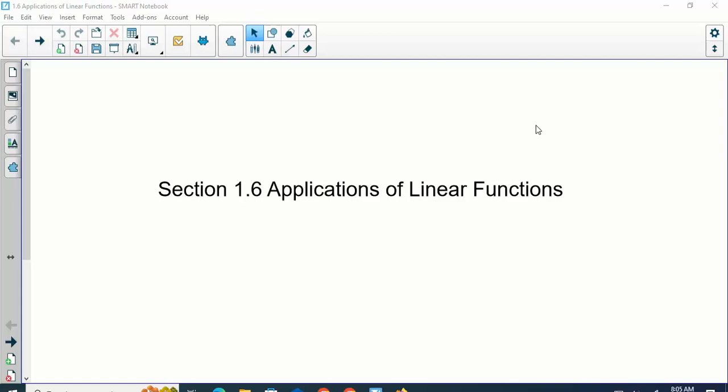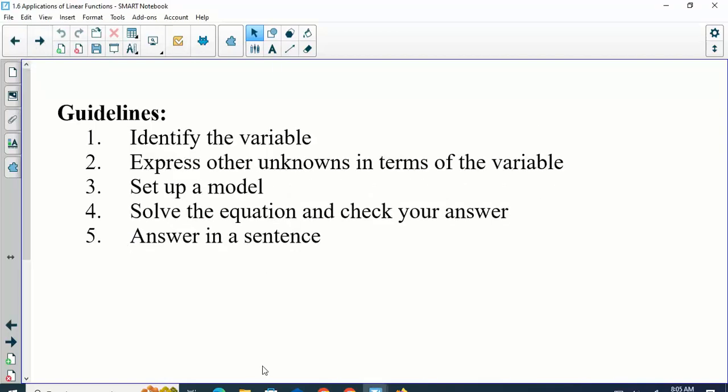Now, I'm going to be kind of picky about how we solve these problems. So our steps, and if you are looking at Google Classroom, it says section 1.6 examples, and this is listed at the top. So whether or not you write these down, that's up to you. It is on that handout.